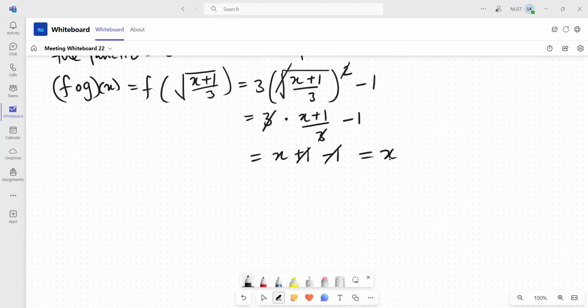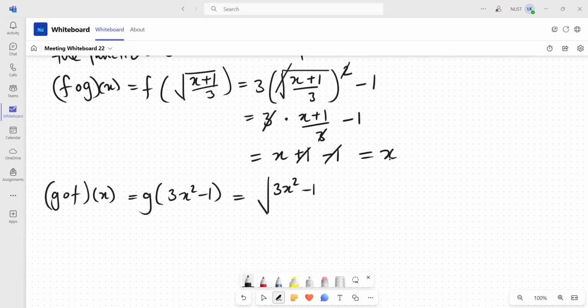Now it's not enough to just show that in this direction it gives you x. You must show it in the other direction as well, g of f of x. So into the function g, you are going to substitute 3x squared minus 1. So this is the square root, where you have x, you replace it with 3x squared minus 1. Then the plus 1 must still be there, over 3. Simplifying, the plus 1 and minus 1 cancel.